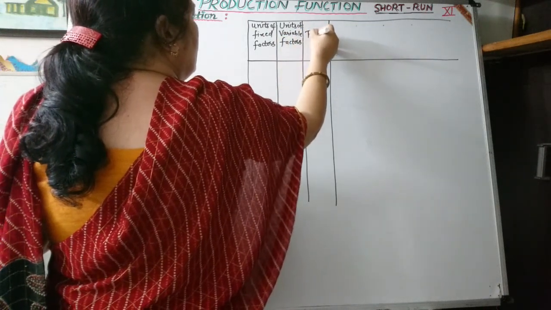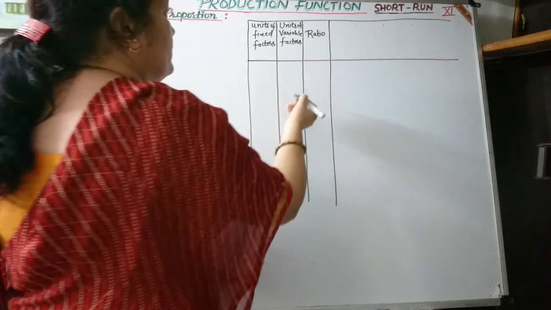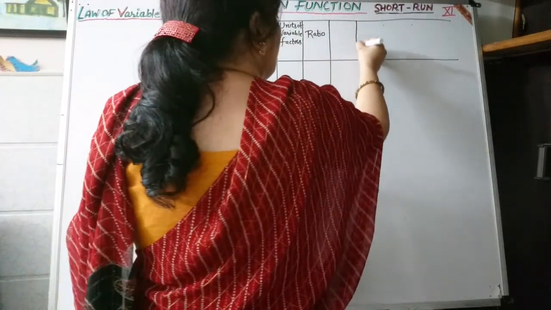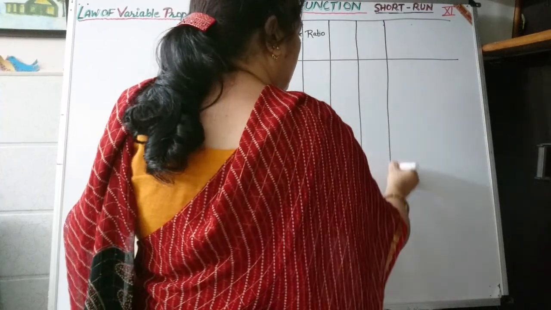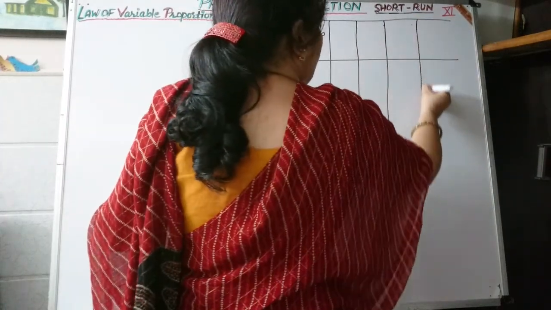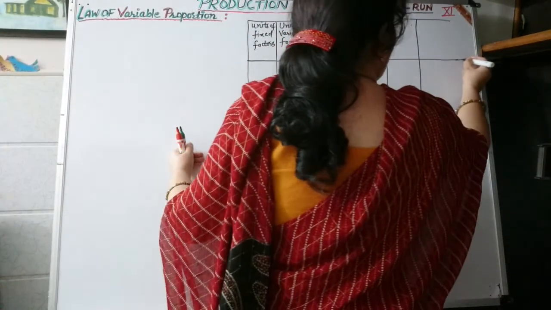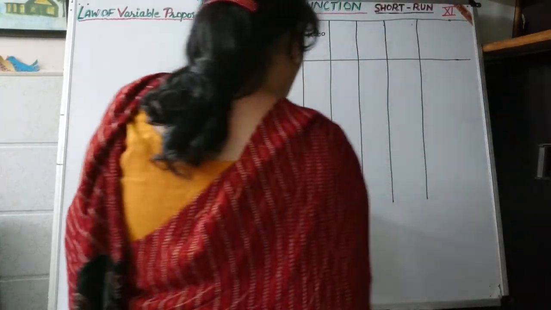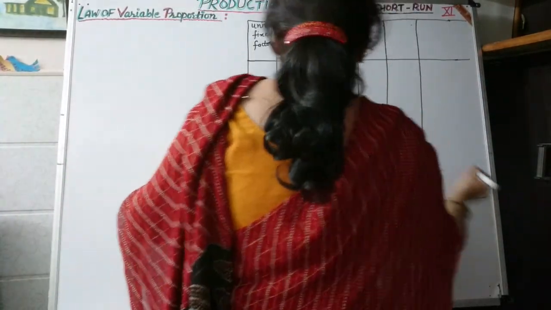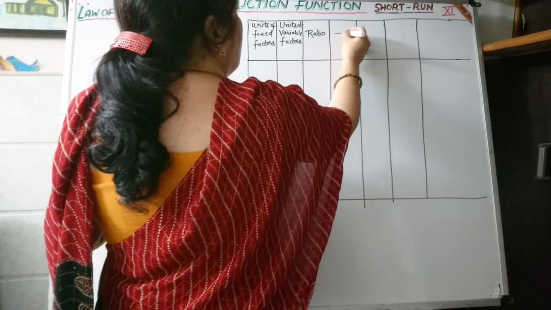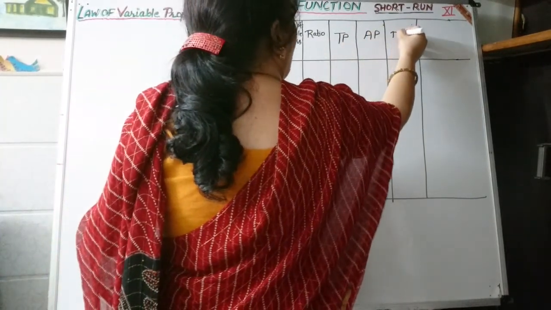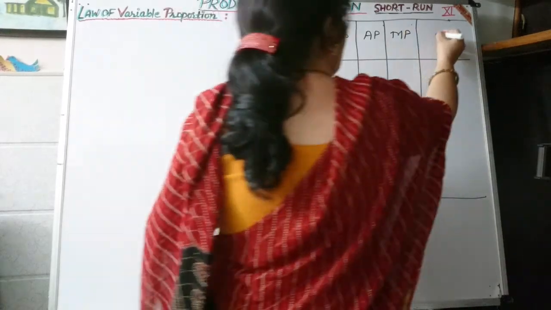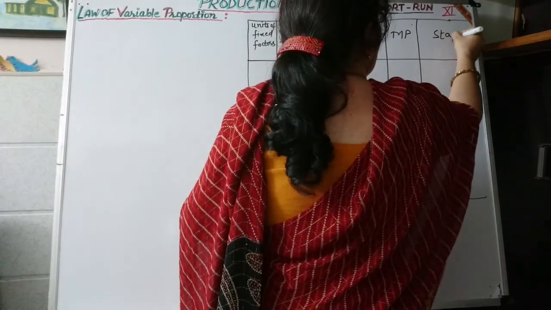Number 3, ratio. In which ratio we are using these factors? Then TP, AP or MP. And last one, we will analyze the schedule: total production, average production or marginal production. And last one, stages of production.